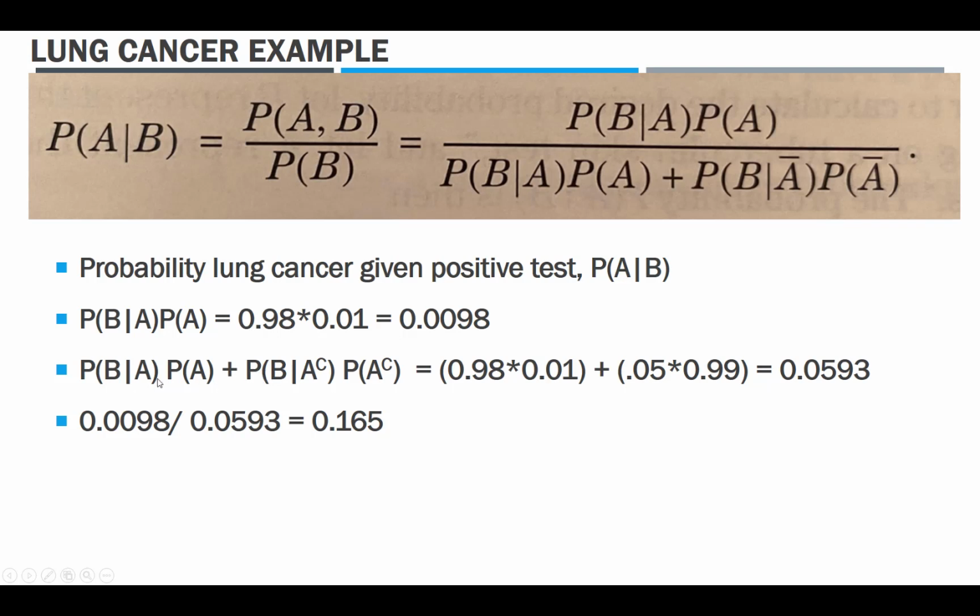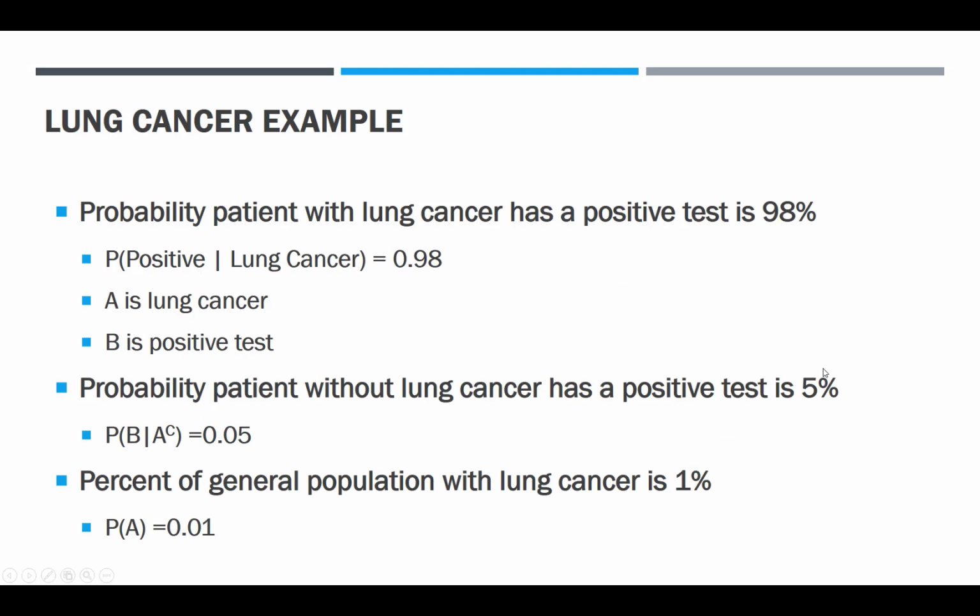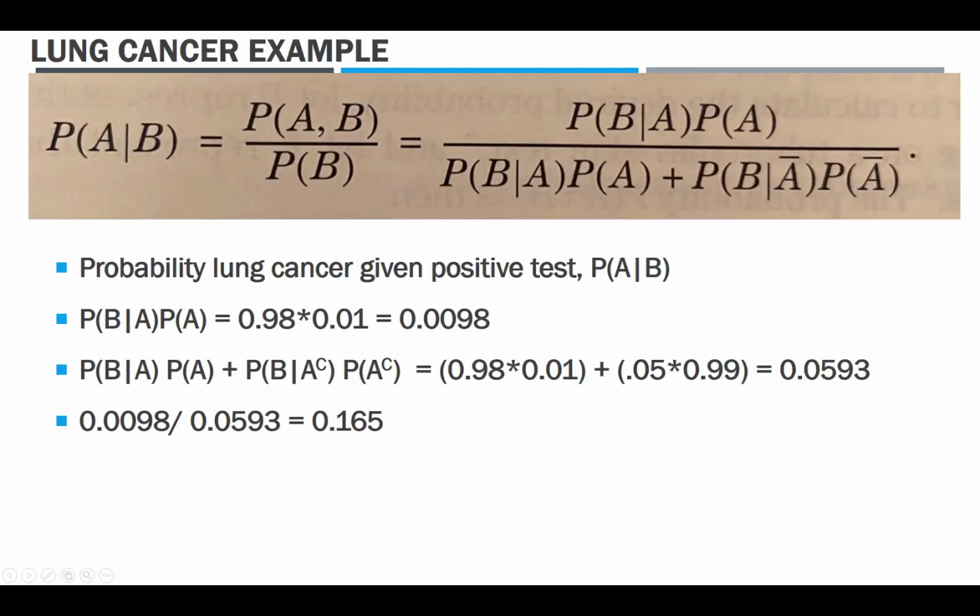And then the denominator essentially is that same thing plus B given A complement, which is 0.05 times 0.99, or 0.0593. Okay, if we want to flip back, we can see just where those are. This is the 5% that we were just looking at on this slide right here. And the 99% is just 1 minus this 0.01.